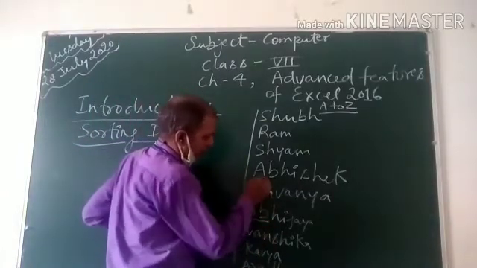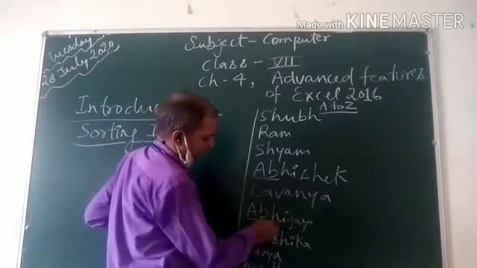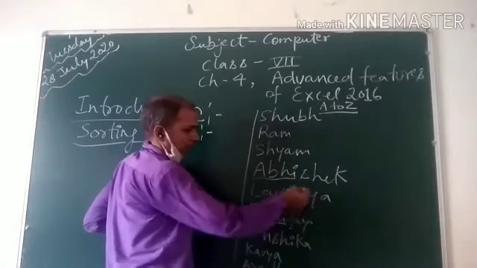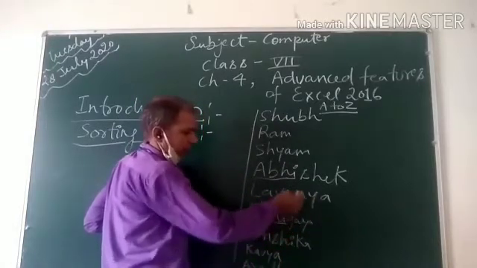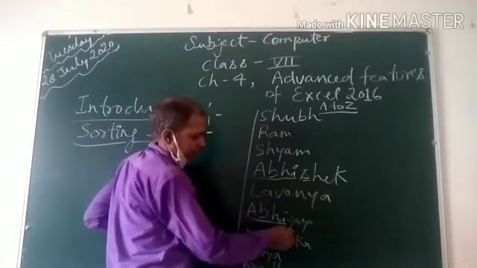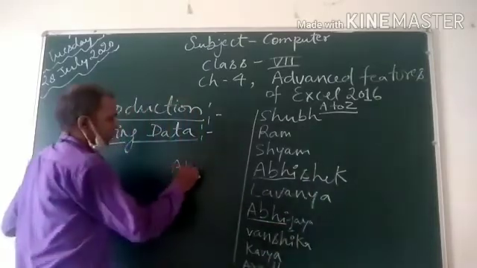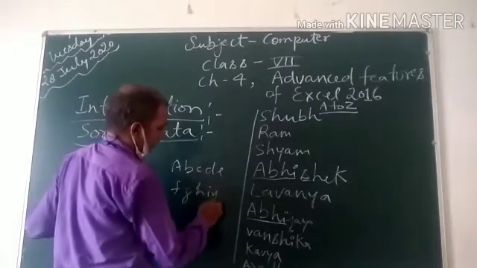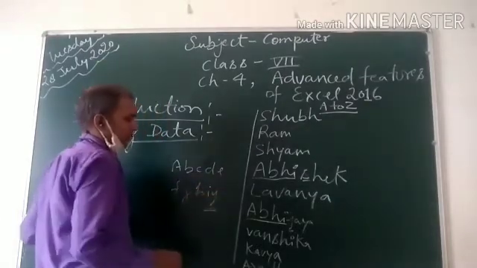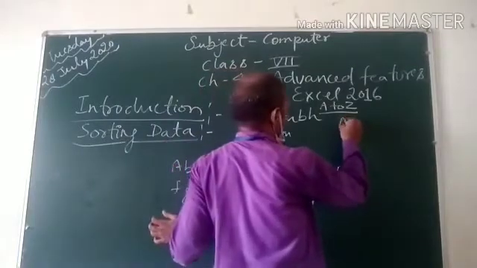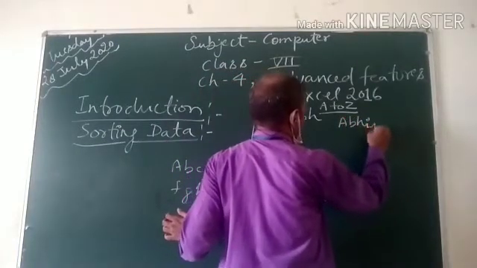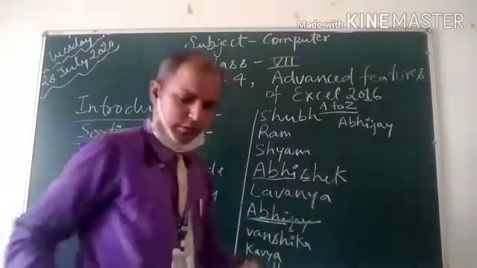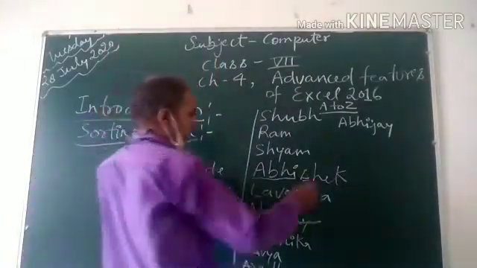Next is H, I. Comparing Abhishek and Abhijay, S comes after J, since A, B, C, D, E, F, G, H, I, J comes before S. So first comes Abhijay, and after that Abhishek.